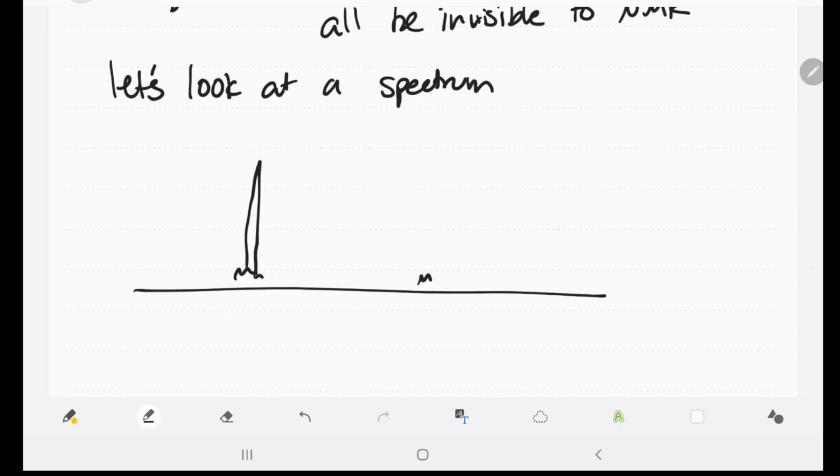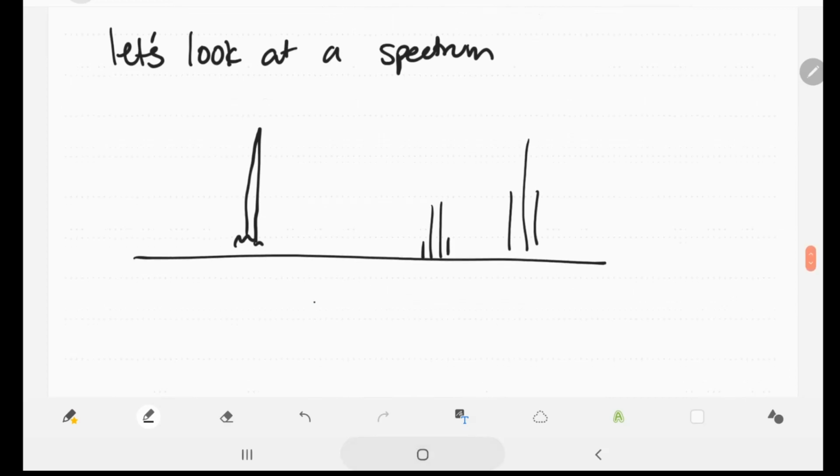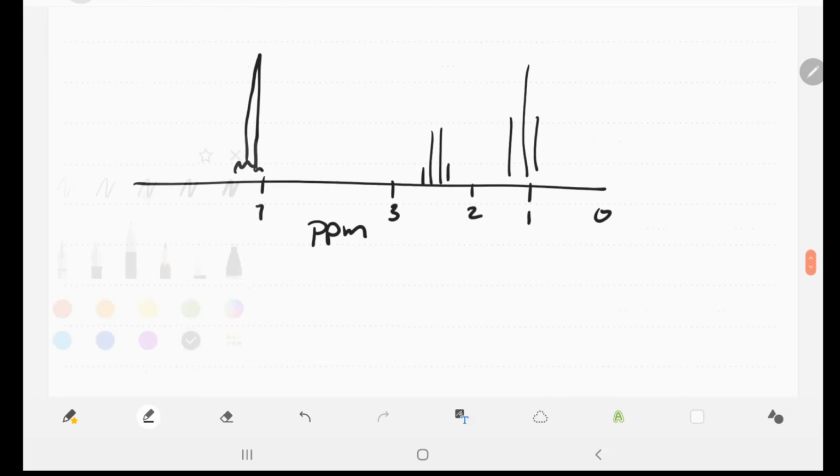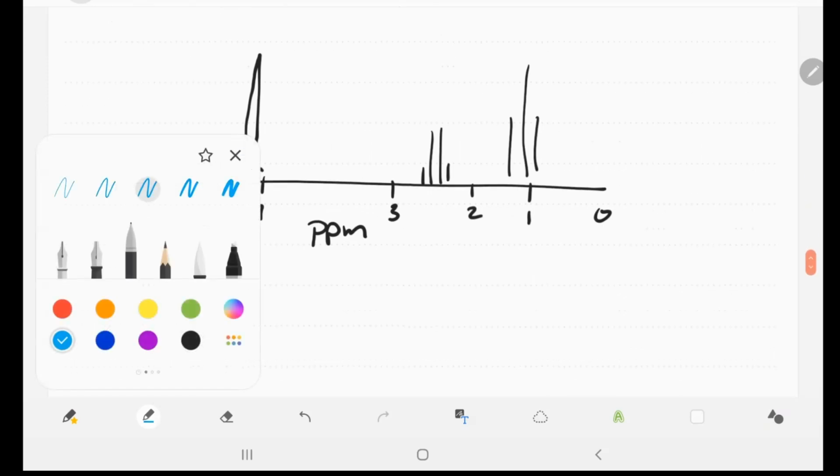And then we had the triplet. And this is just about 7. Okay. So there's 3 bits of information here that we can get from a spectrum.